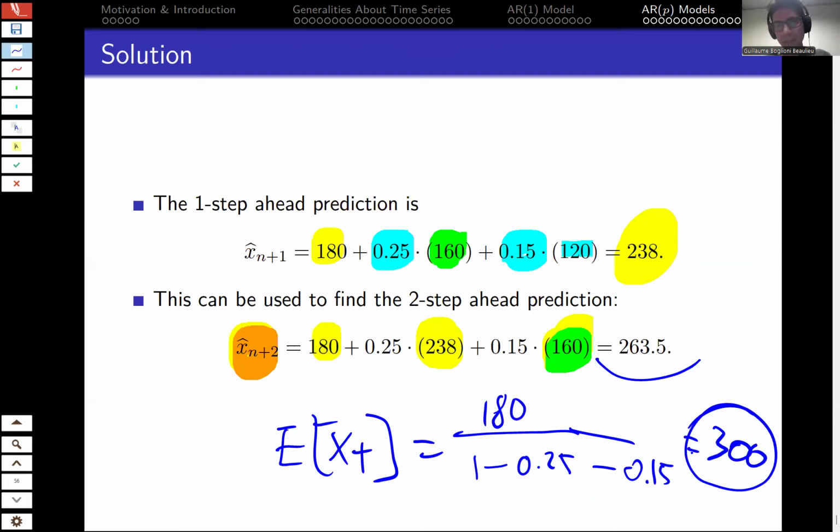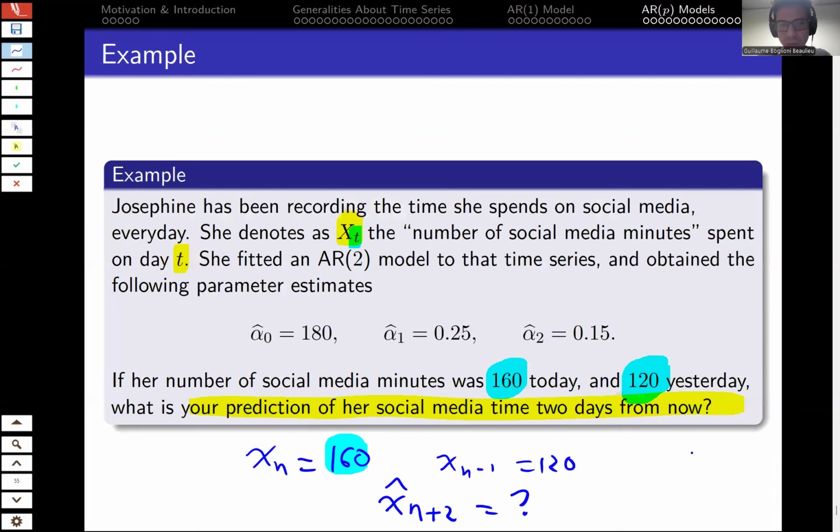And this is just to link back to what I said. Your prediction as you go further in the future will revert back to the mean. Here, the last 2 days, she spent much less than usual. I don't know why, but for whatever reason, the last 2 days have been a bit unusual, or at least much smaller than her average.